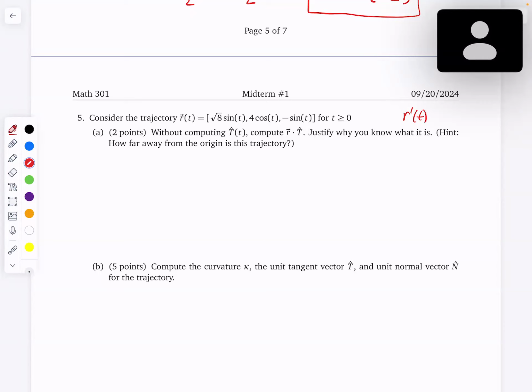You take the derivative and you divide by the magnitude and you get T hat. And so the idea is that the unit tangent vector is actually just a scalar multiple of this. And so the dot product of this and r of t will be the same as the dot product of r prime and r. And we know that r prime dot r equals 0 if and only if the magnitude of r is constant.